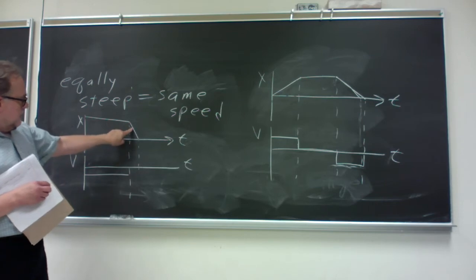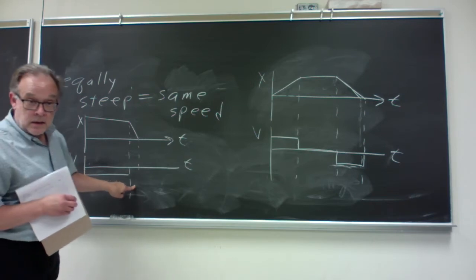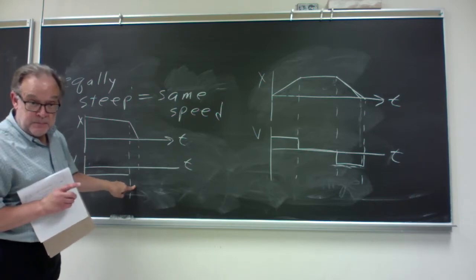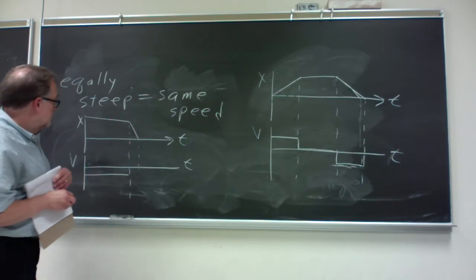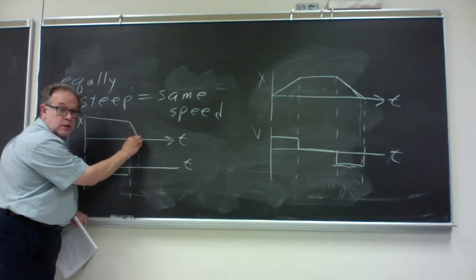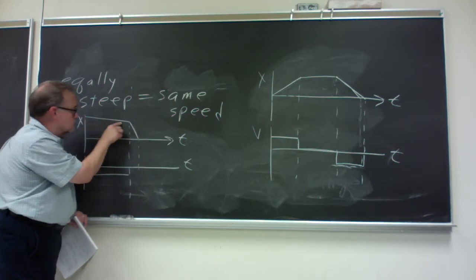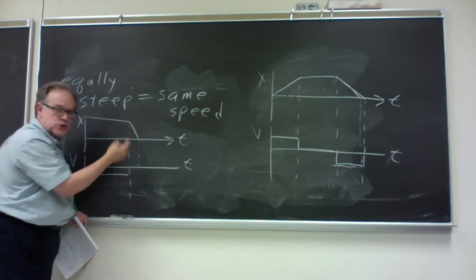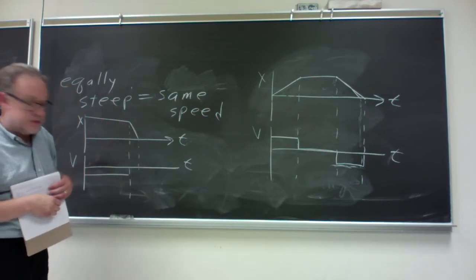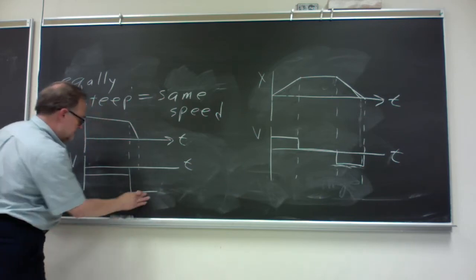So negative constant slope here means negative constant velocity, but a velocity with a higher speed. Like the slope, this negative slope is a more negative number than this negative slope. You might think of this as sort of a slope of -1, and then here's a slope of maybe -5, something like that.